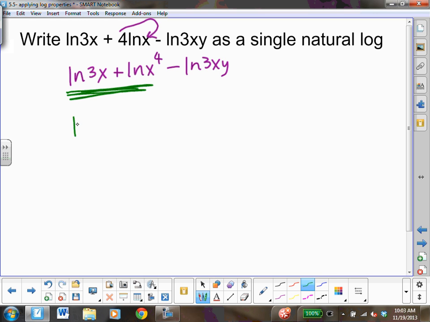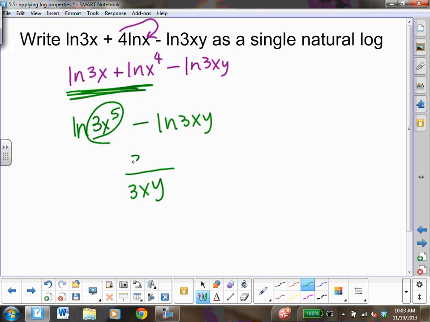So it would be the ln of 3x times x to the 4th, so that would be 3x to the 5th. Now, this entire logarithm is subtracted, which means that it is in the bottom of my fraction.